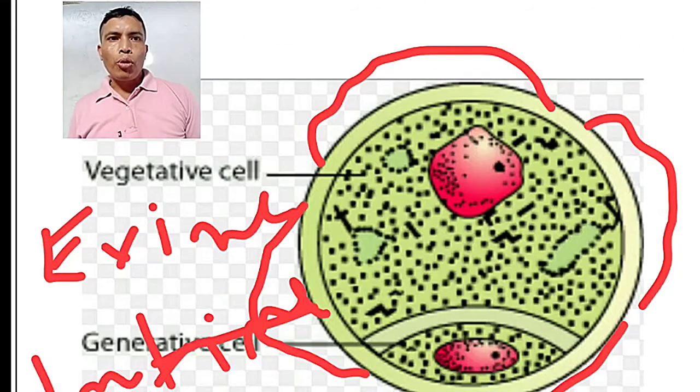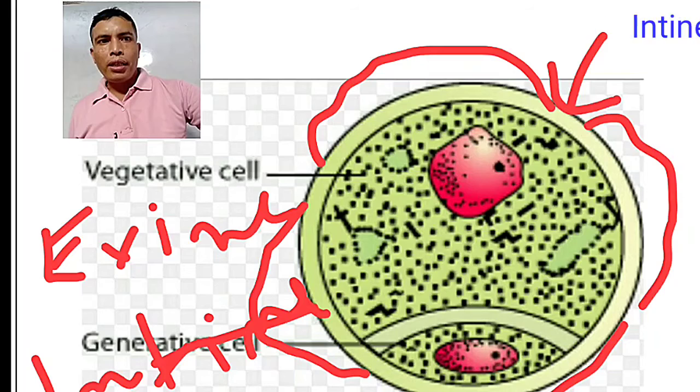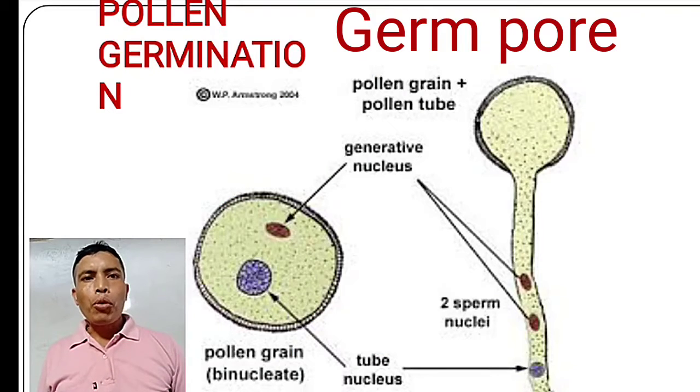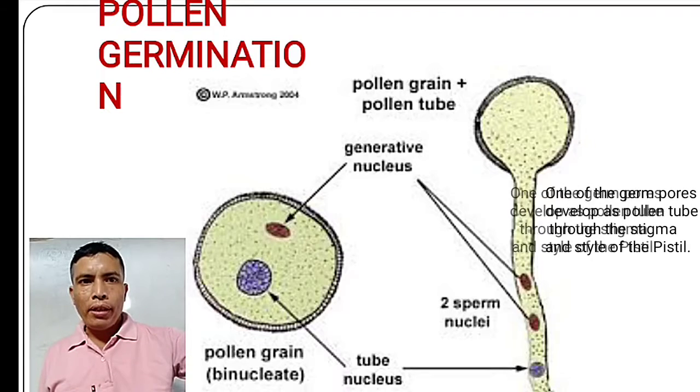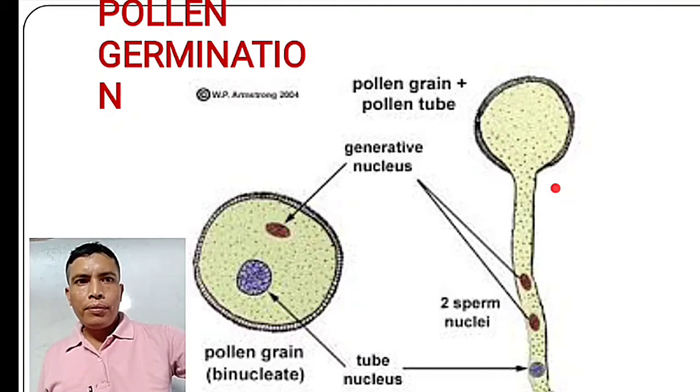Because of the presence of sporopollenin, pollen grains can be stored as fossils for a long time. The inner wall intine is made of cellulose and pectin, and the region of the pollen grain where sporopollenin is absent or thin is called the germ pore. One of the germ pores will develop as a pollen tube when pollen grains are shed to the stigma. This is a pollen tube.